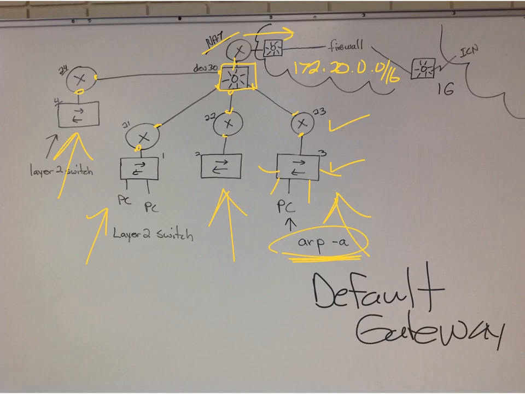And that ARP gives them a MAC address to go to, and that MAC address is up here at the router. So then the information goes up here, and then it starts getting routed, whether it's going all the way to the internet or going to another network over here.